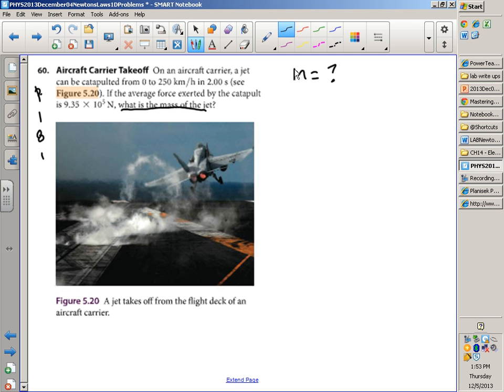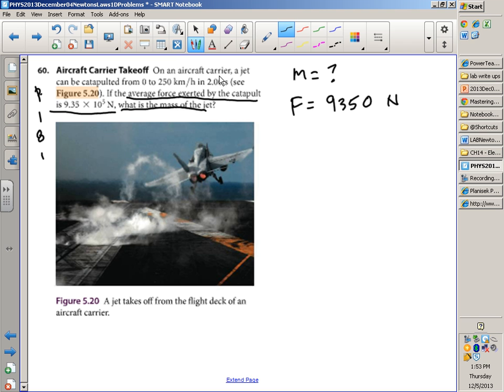All right, things they gave us. Average force exerted by the catapult is 9.35 times 10 to the third. So force is 9,350 newtons. All I did was turn this number in scientific notation back into decimal notation. Okay? And then it gave us a little bit more information.